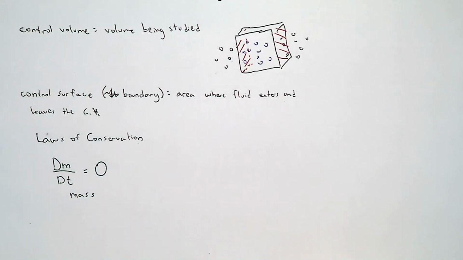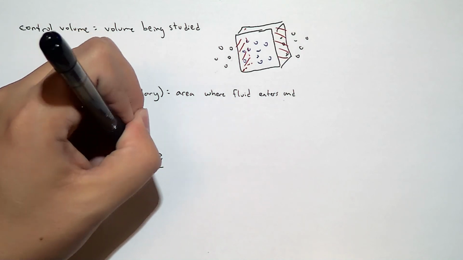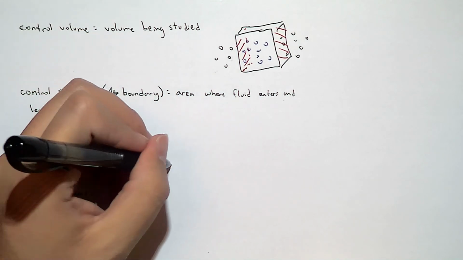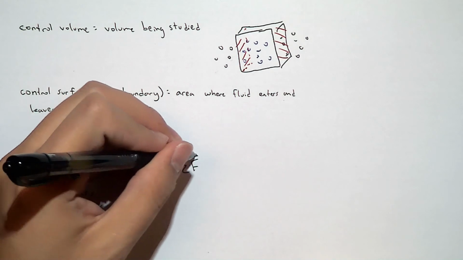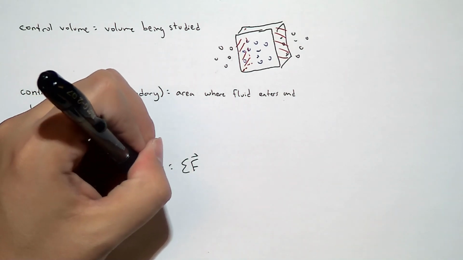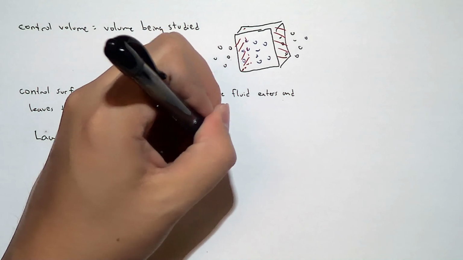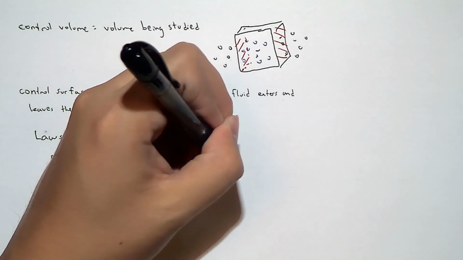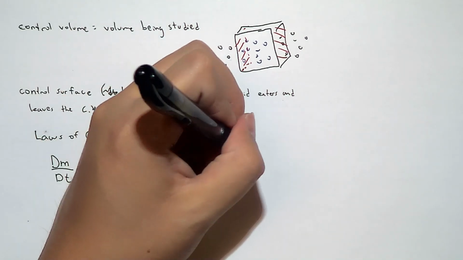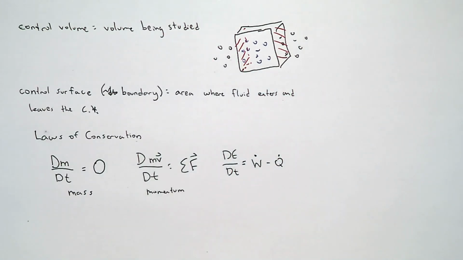The conservation of momentum tells us that the change in momentum with respect to time in a system is equal to the sum of forces acting on that system. That is Newton's second law of motion. And the conservation of energy tells us that the change in energy with respect to time in a system is equal to the work and the heat transfer rate.